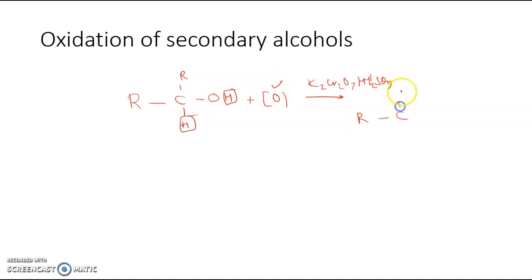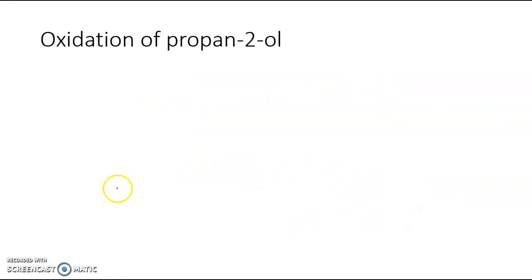So now you get R-C-R, plus H2O, and you're left with 1 oxygen, double bond O. In this case, you've got the carbonyl group attached to no hydrogen. Therefore, this is a ketonic functional group. So that's your ketone. So 2 degree alcohols always get oxidized to form a ketone.